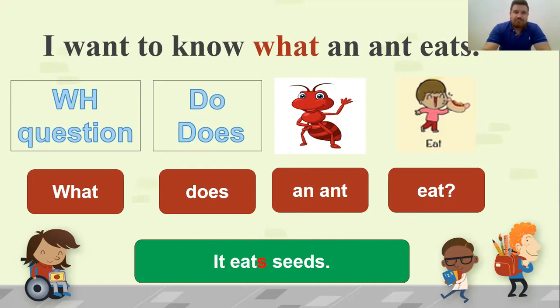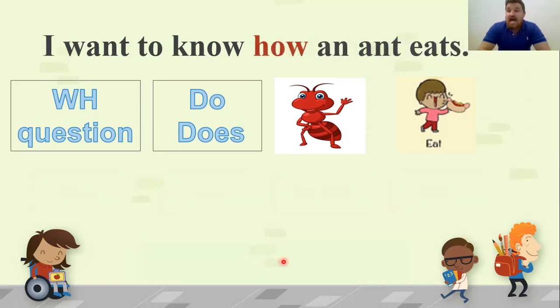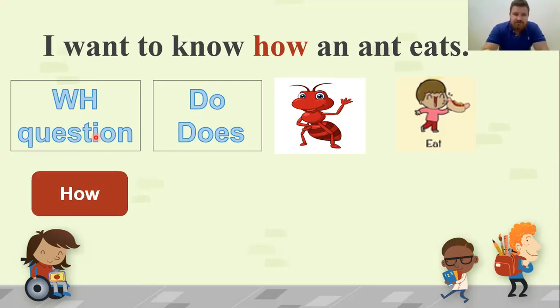Okay, so now I want to know how an ant eats. I want to know how does it eat. Teacher Shelto uses chopsticks and then I put it up and I eat with my mouth. All right, so I want to know how does an ant eat. So what question do you think I should ask here? What WH question word do you think I should ask? Yes, very good.